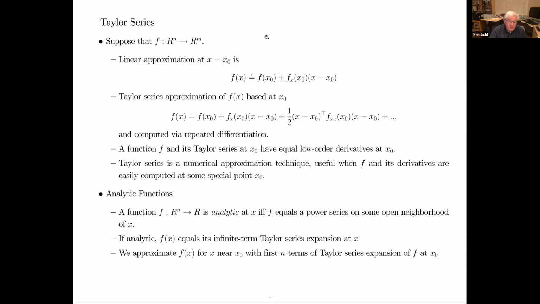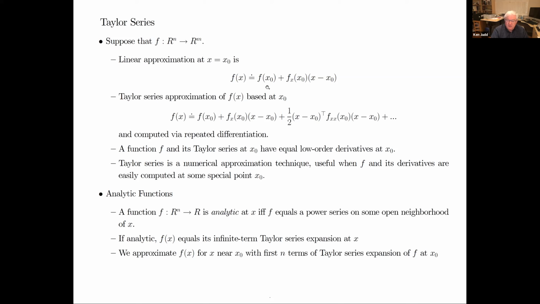So if you have a function from Rn to Rm, you can generally think of m as being one dimension, because when it's Rn to multiple outputs, you're really dealing with one at a time. Now when you want a linear approximation at a point x naught, it is expressed in this fashion.